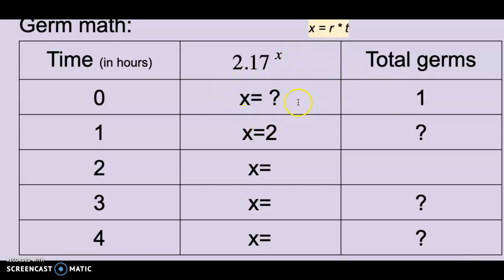So what is this exponent? Next, after 1 hour, you'd have 2.17 to the power of 2, or 2.17 squared. So on your paper, calculate 2.17 squared and tell me the number of germs.